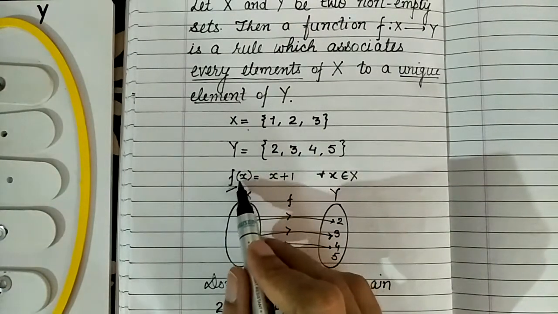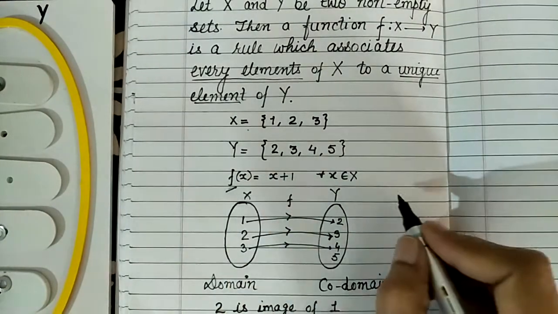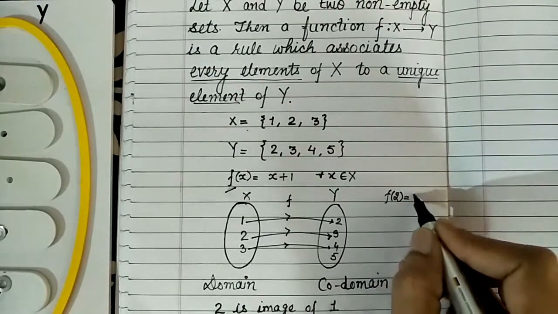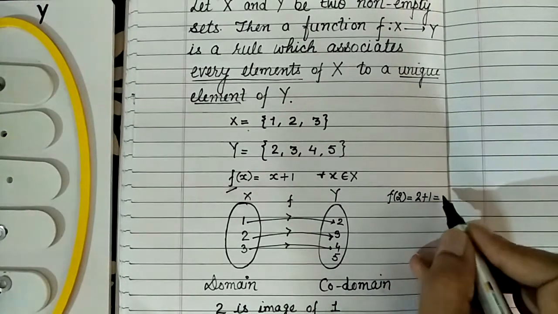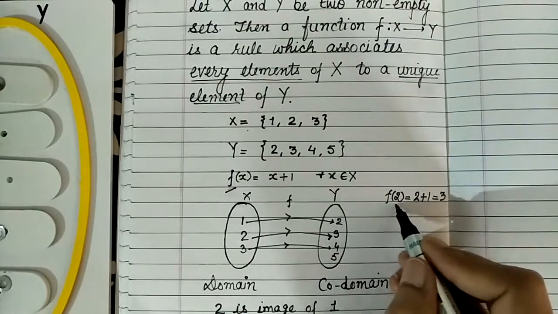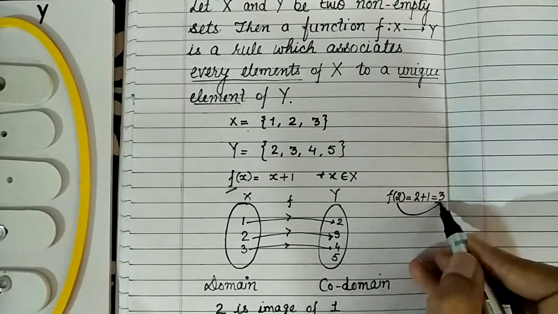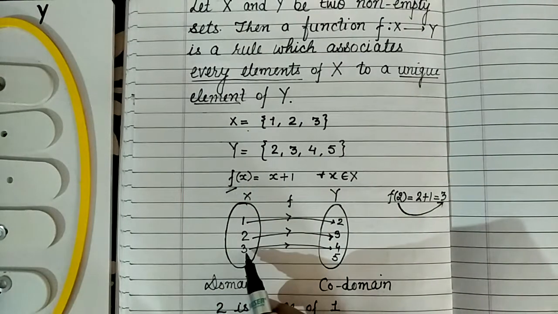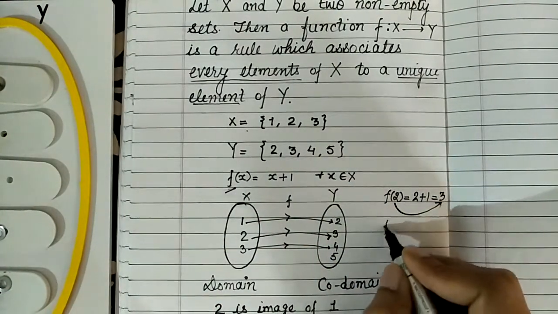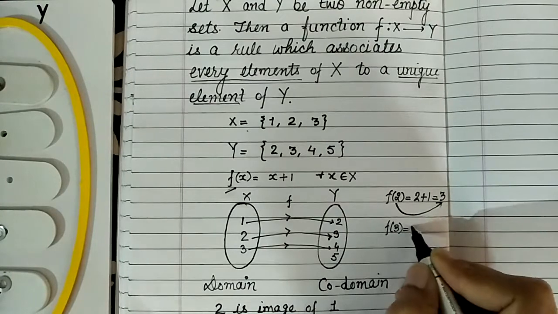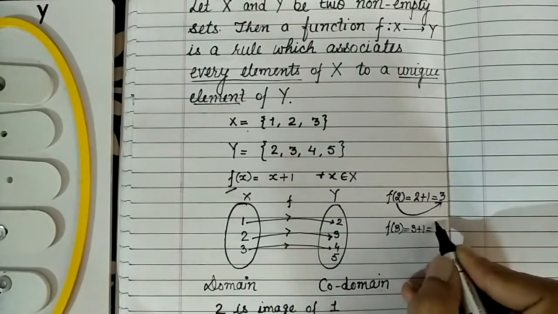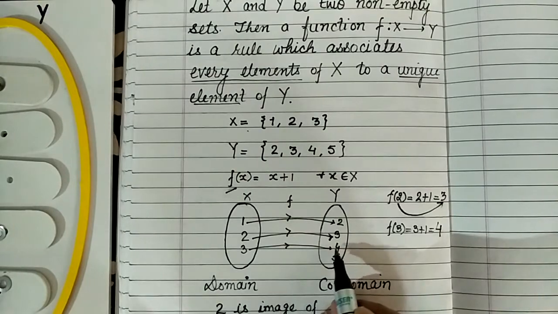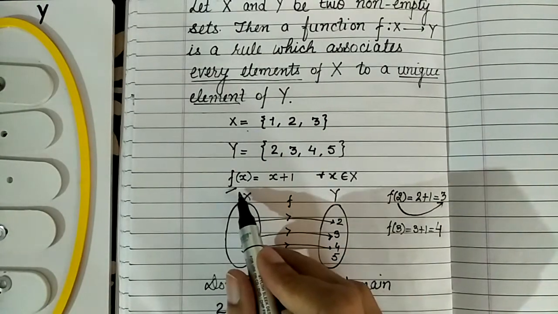Then put here 2, f of 2 will be equal to 2 plus 1, means 3. Means 2 is associated with 3 via this rule. Then keep 3, f of 3 will be 3 plus 1, that means 4. Means 3 is associated with 4 with the help of this rule.